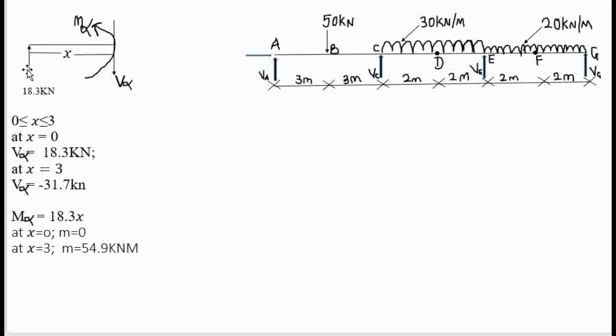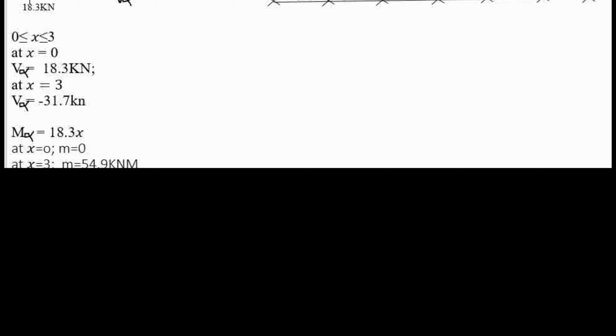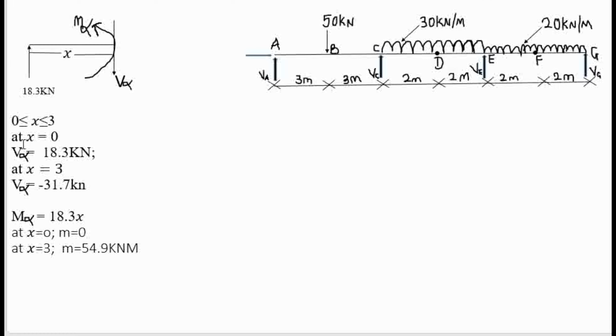At x equal to 0, that is at this initial point, at point A, you have only one vertical force. Therefore, the shear force at that particular point is equal to 18.3 kilonewton, because that is the only vertical force at that point. Then at x equal to 3, we have that V alpha is equal to minus 31.7 kilonewton. Now look at it this way. You know we have 18.3 kilonewton going up, and at 3 meters, it's exactly under the point load of 50 kilonewton.